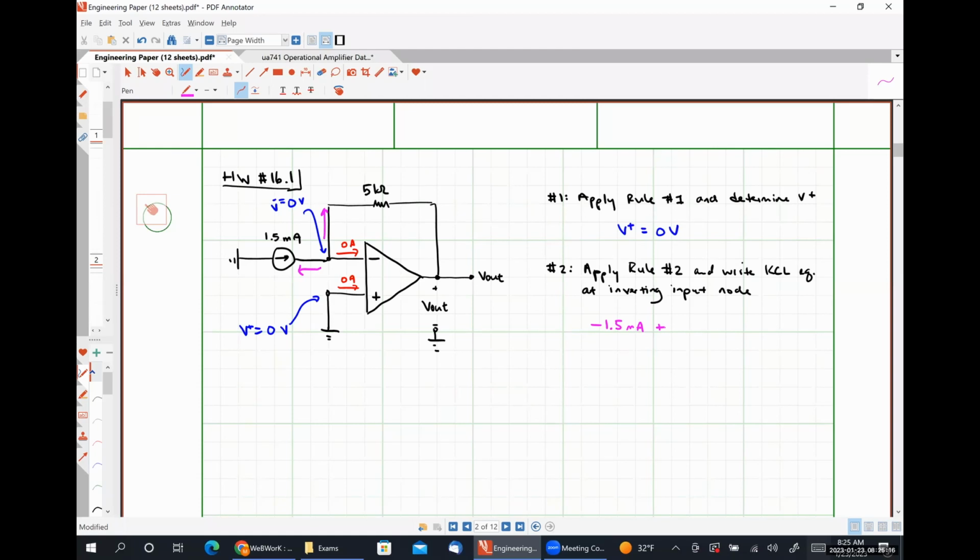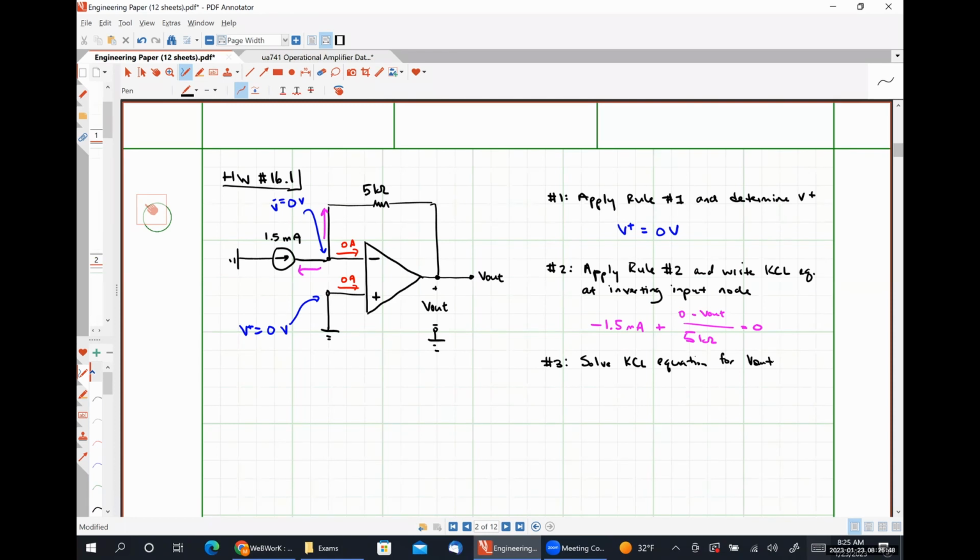So we're going to have V minus, which we know to be 0, minus V out divided by 5 kiloohms is equal to 0. And our third step is simply going to be solve our KCL equation for V out.